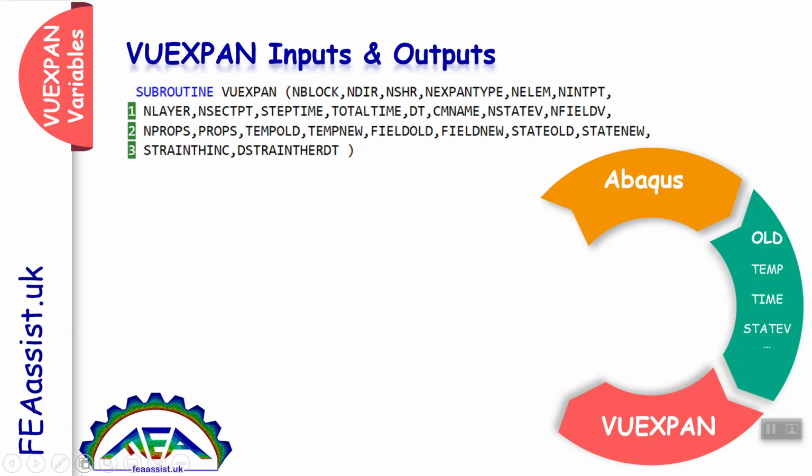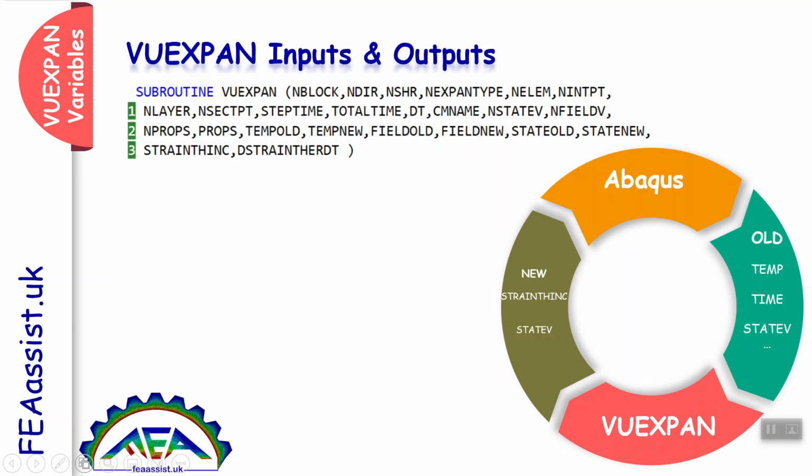In VUExpand, we need to process these variables and compute new variables like strain increment, the thermal strain increment, state variables, and all the outputs, and return these outputs to Abaqus.